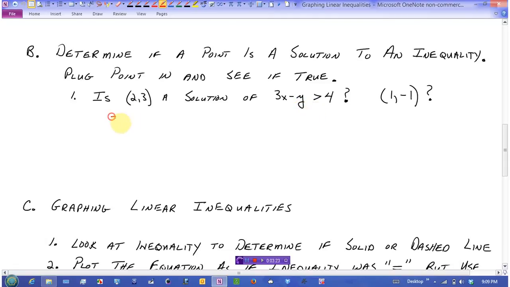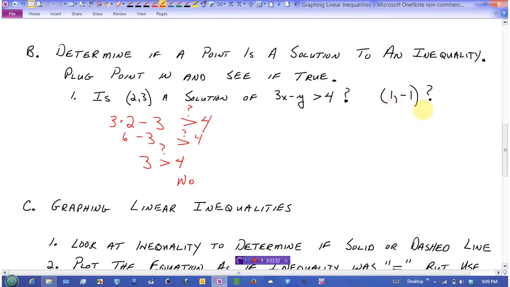I get 3 times the x value, and the x value of that point is 2, minus y, and the y is 3, and is that greater than 4? So 3 times 2 is 6, minus 3. Is that greater than 4? I get 3 is greater than 4. Is that true? No. So that point is not a solution. (2, 3) is not a solution.